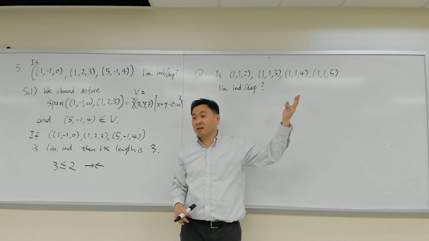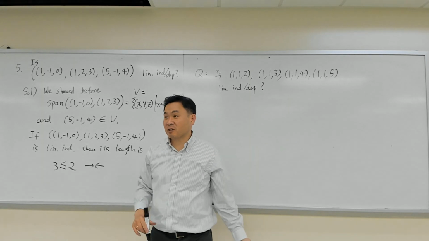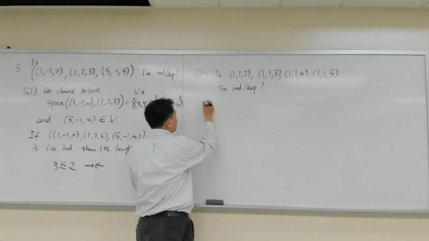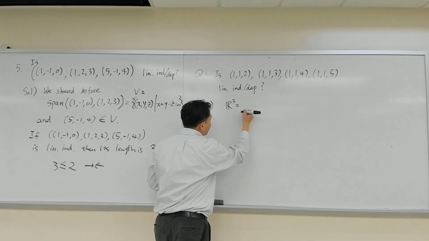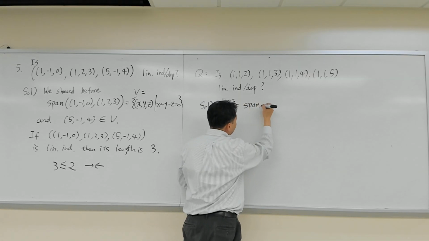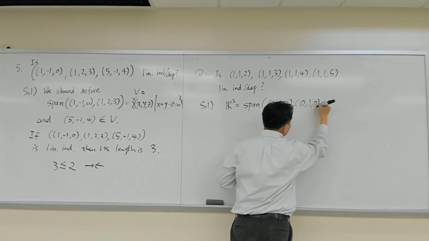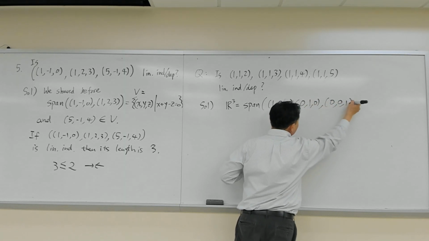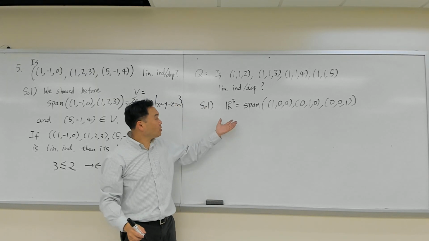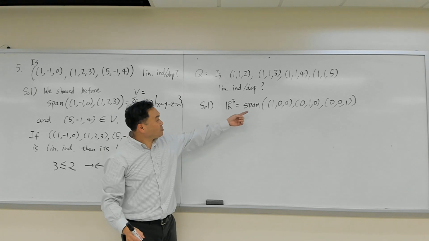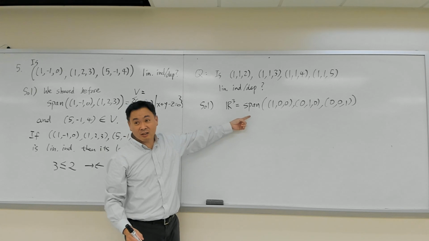R3, right? So in R3, we know that R3 is spanned by what vectors? 3 vectors. So R3 is the span of 1, 0, 0, 0, 1, 0, 0, 0, 1, right? Isn't that right? So the length of the spanning list is 3.